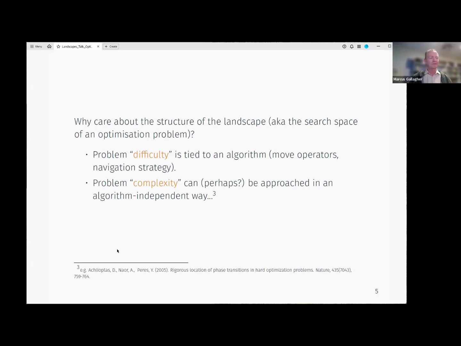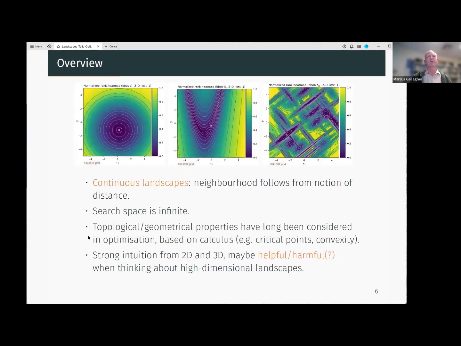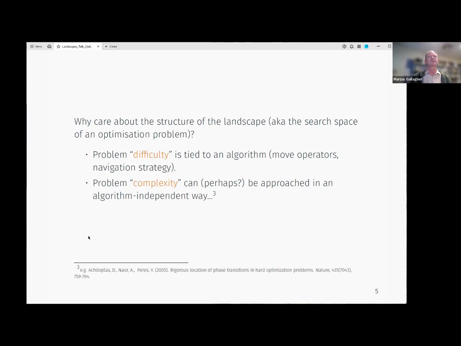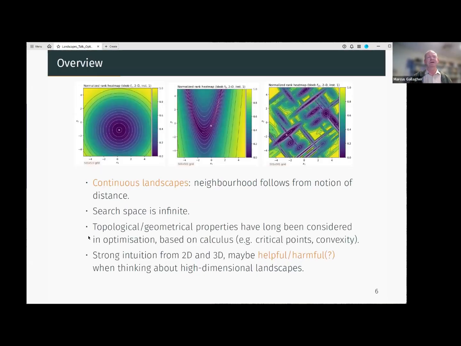And if there are complicated ones, what are the mechanisms that make the problem complex? For example, some work has been done looking at phase transitions in certain combinatorial optimization problems. So they're general motivations for landscape analysis, I think.